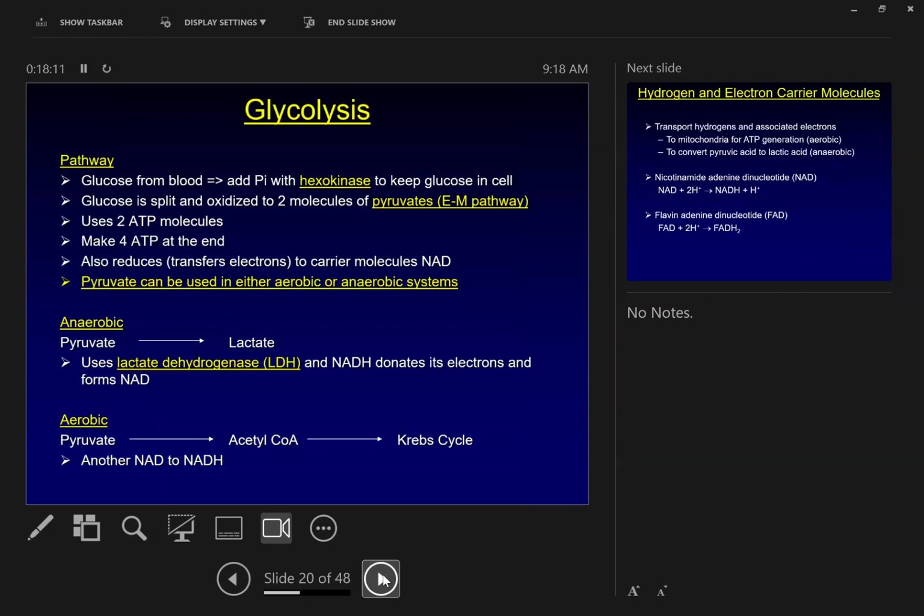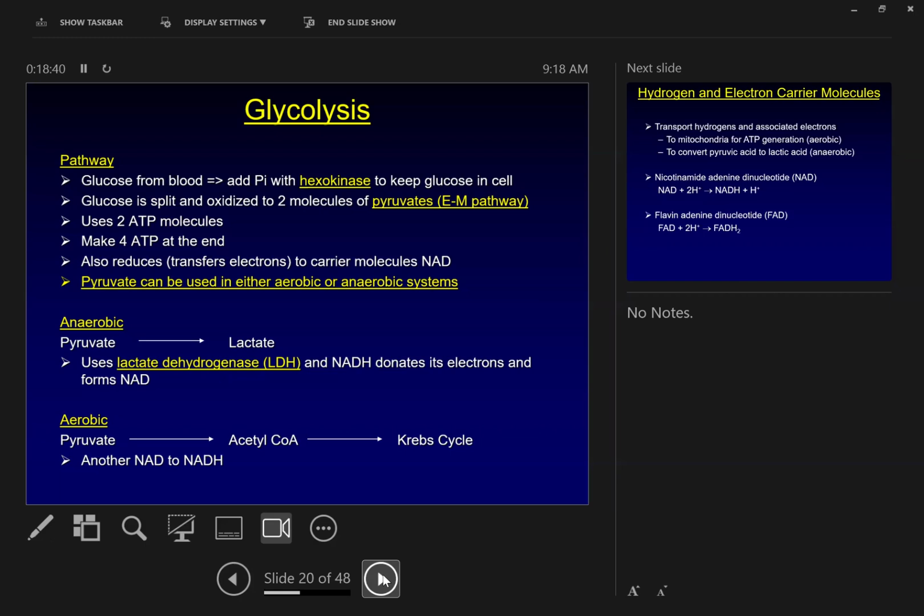I have written a thing here on this slide, and it is a lie, but I think it makes it a little bit conceptually easier to understand. The key thing about all of your aerobic and anaerobic metabolism realistically is what happens to that pyruvate at the end of glycolysis.